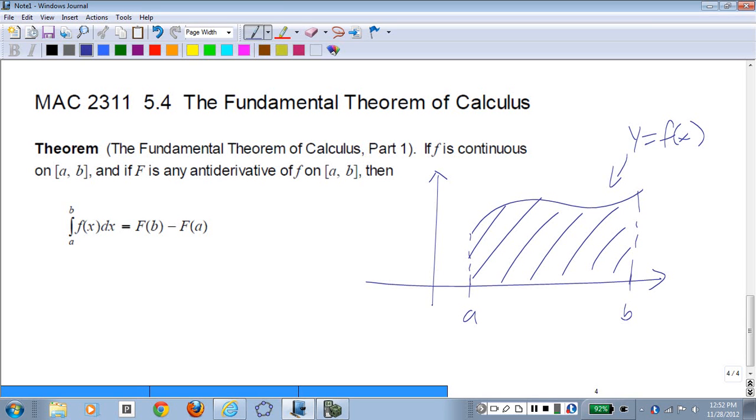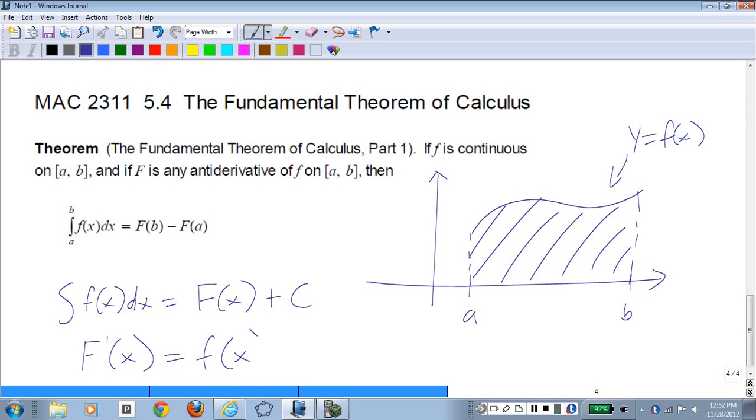Well, according to the fundamental theorem of calculus part 1, if we can find an antiderivative, recall that the indefinite integral of f of x dx equals big F of x plus c, such that big F prime of x equals f of x.